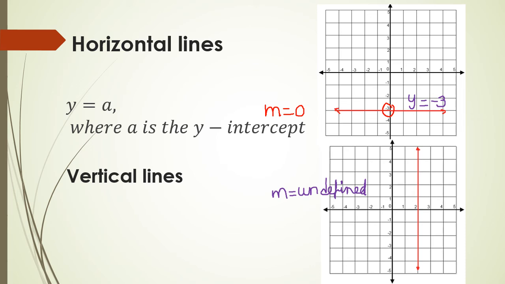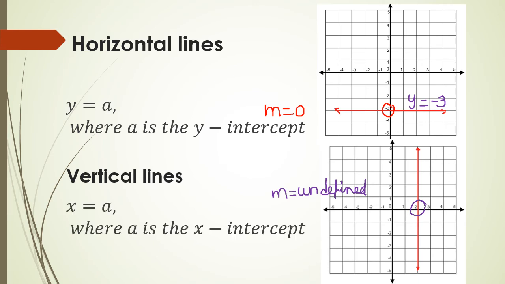The only thing that we have for this line is the x-intercept in this case, which is where the line crosses the x-axis. So vertical lines are represented by the x-intercept, and their formula is x equals a, where a is the x-intercept. So for this example, the equation for this vertical line is going to be x equals 2.